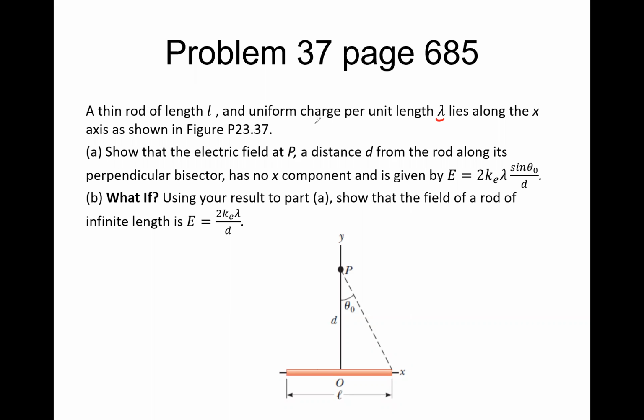When the distribution of the charge is uniform, lambda is constant. If the distribution of charge is not uniform, lambda will not be constant. So we have lambda, and the rod is along the x-axis.